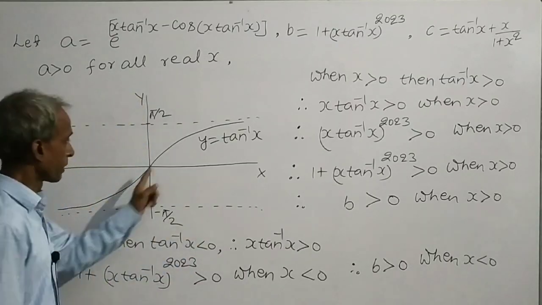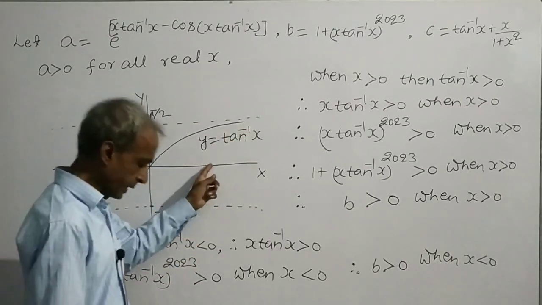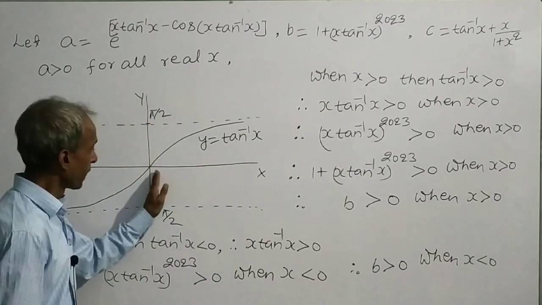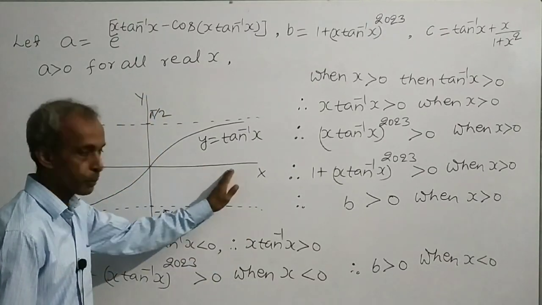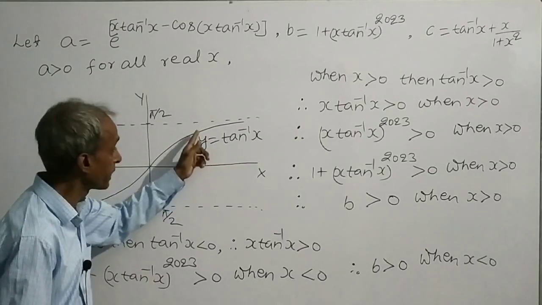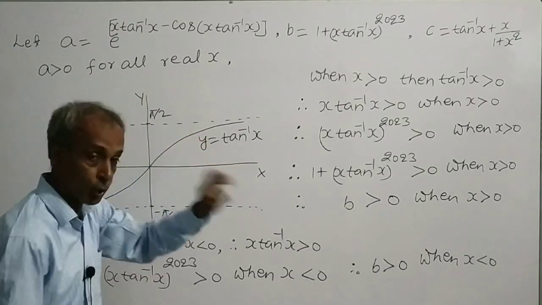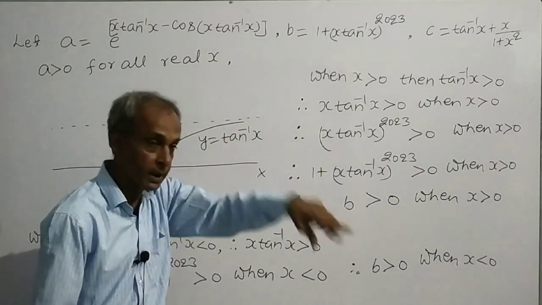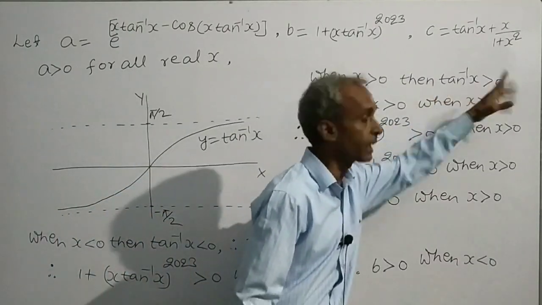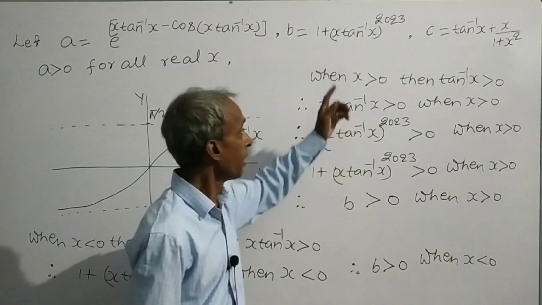This is the graph of y is equal to tan inverse x. When the x coordinate is positive, the graph is above, that means the y coordinate on the graph is positive, that means tan inverse x is positive. When x is positive, tan inverse x is positive.